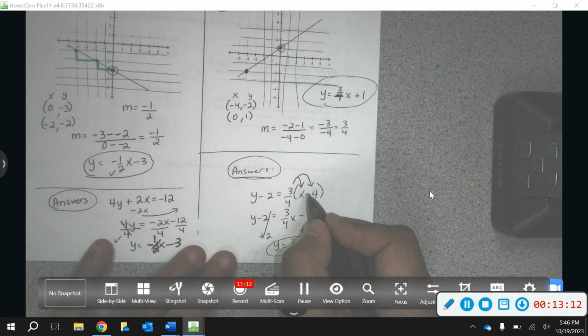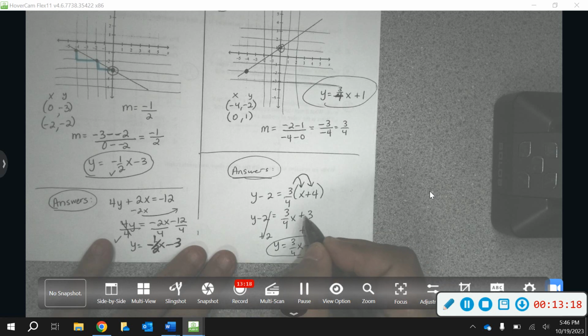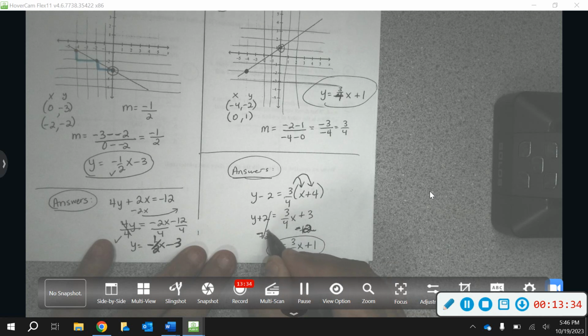What I should have done is made this a plus and made this, that would have given me +3, and then made this a plus so that I would have to subtract 2, and that would give me my +1. So sorry about that. You kind of get the picture of what I'm trying to do here.